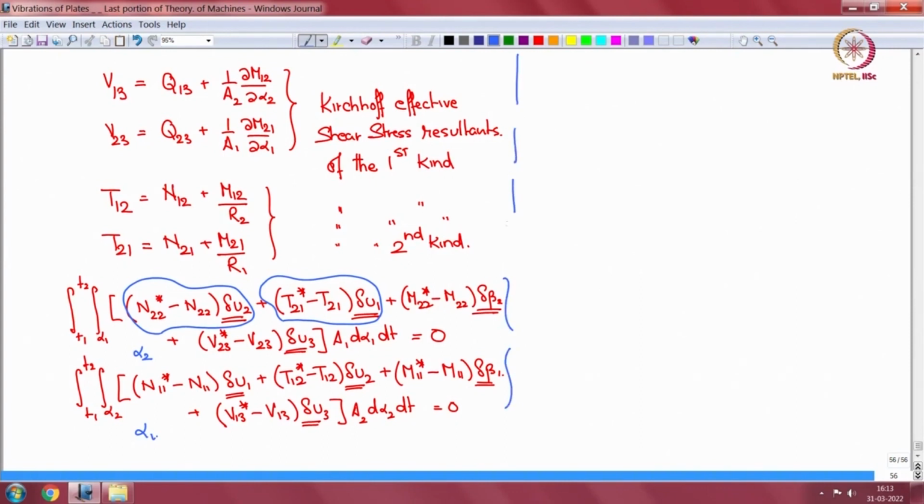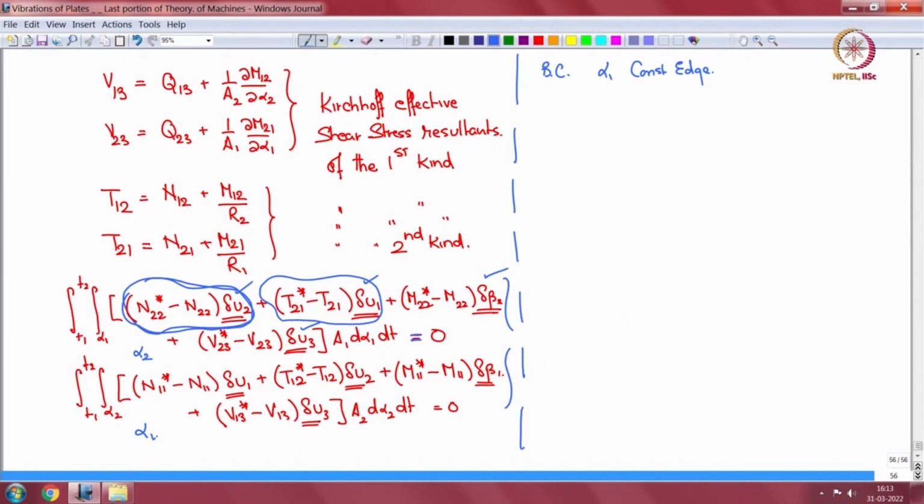Hamilton's law affords us the boundary conditions in addition to the differential equations. So we have the boundary condition at an alpha 1 constant edge. Because each of these variations is independent, therefore each term independently has to be 0 in order for the total to be 0.